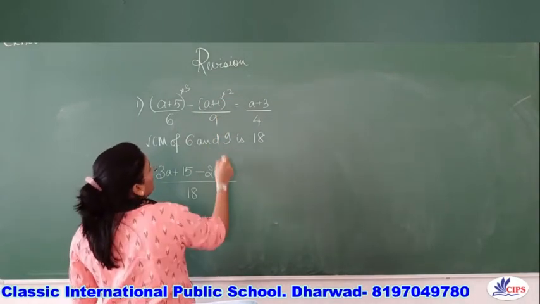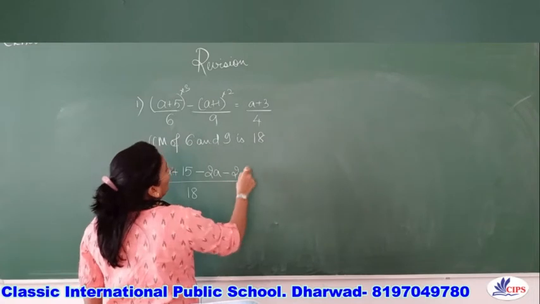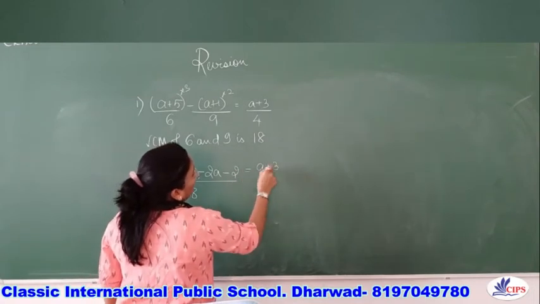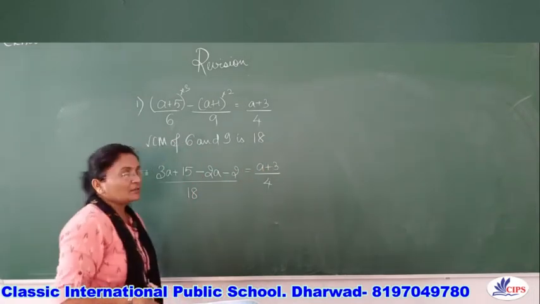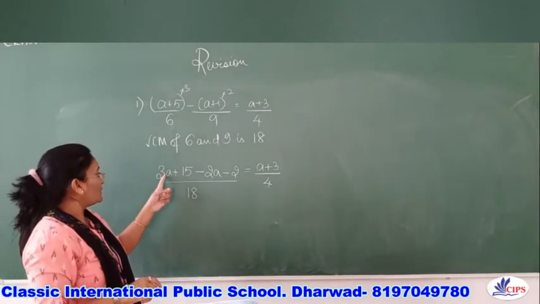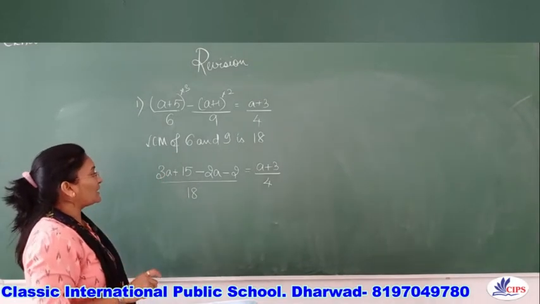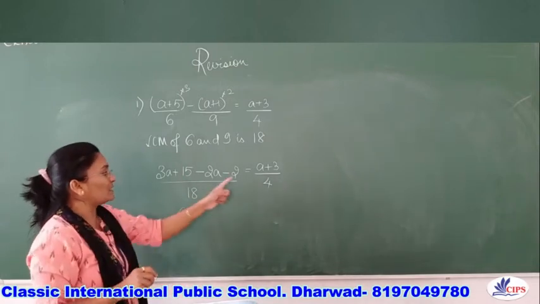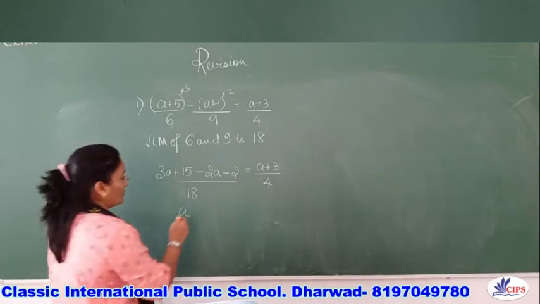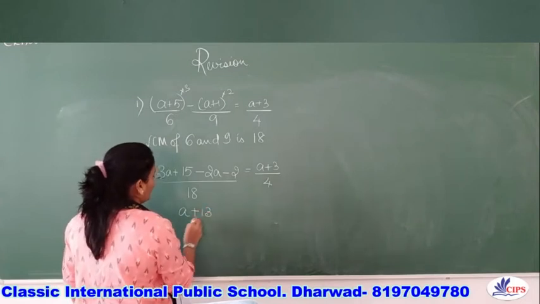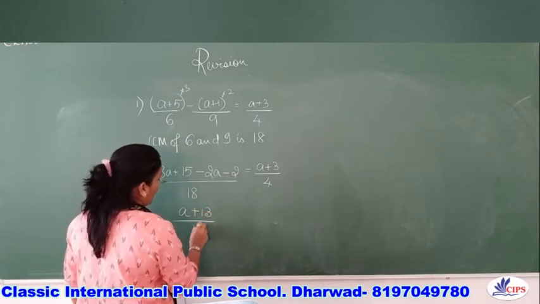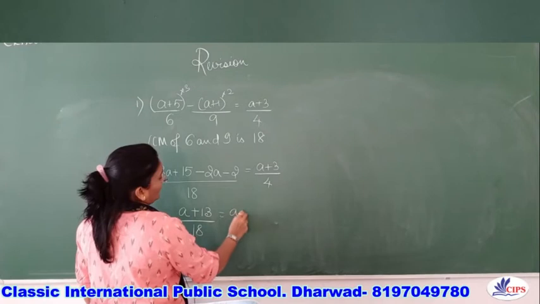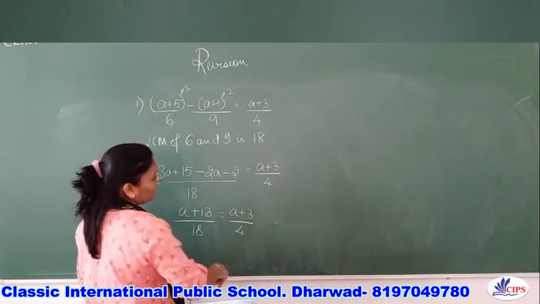Minus into plus is minus, 1 into 2 is 2, equal to (a + 3)/4. Now we have the like terms 3a minus 2a. What is 3a minus 2a? It is a. And 15 minus 2 is 13. So we have (a + 13)/18 equals (a + 3)/4.